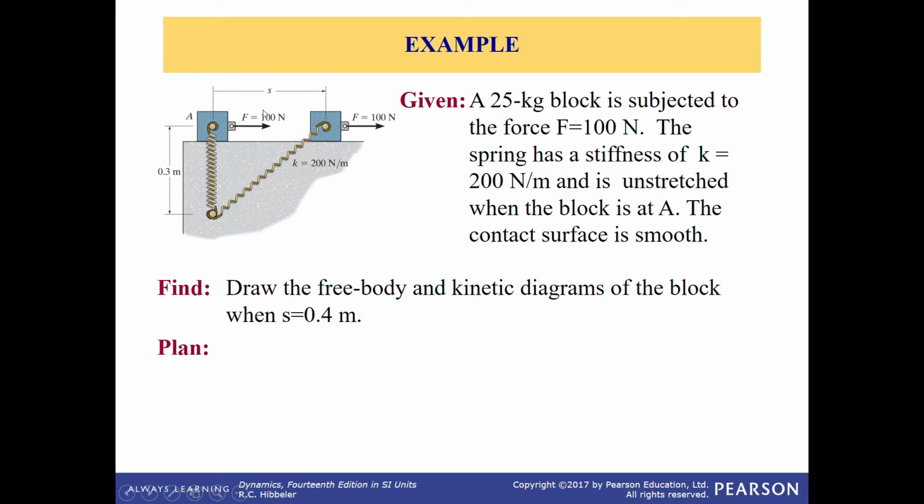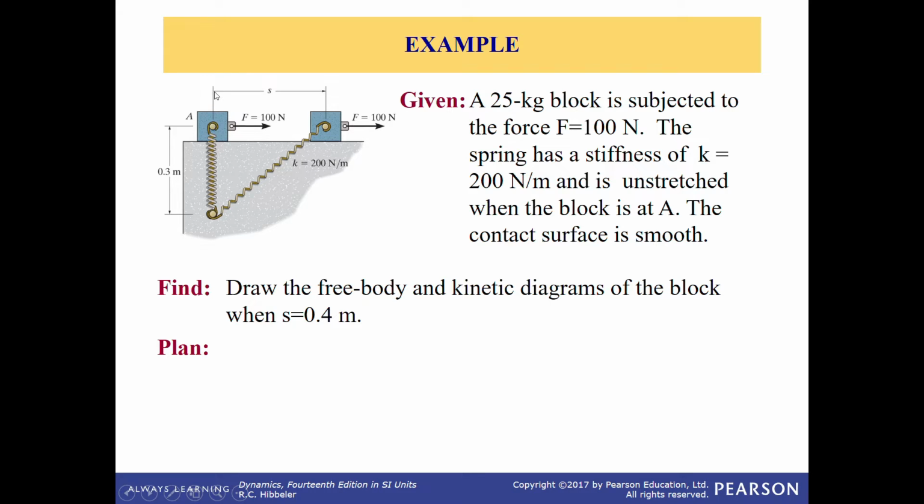If you see here, I have only one block, which in the first place is at position A, and it is attached to a spring at this point. The length of the spring is actually 0.3 meter, and the block is being subjected to a force of 100 newton.